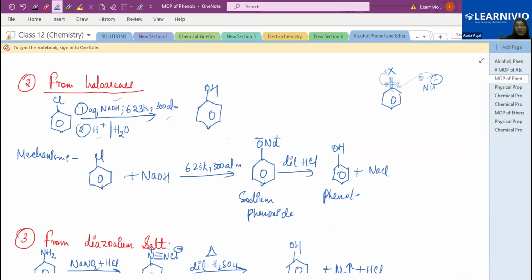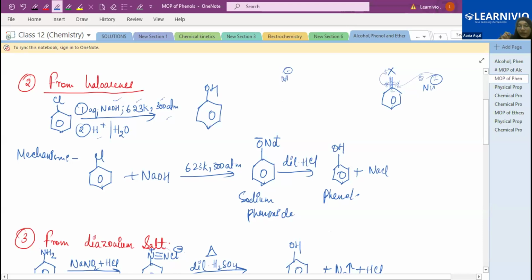When you take haloarenes, chlorobenzene, and treat it with aqueous sodium hydroxide, sodium hydroxide will give you a nucleophile which is OH minus. But nucleophilic substitution reaction is not possible by itself.